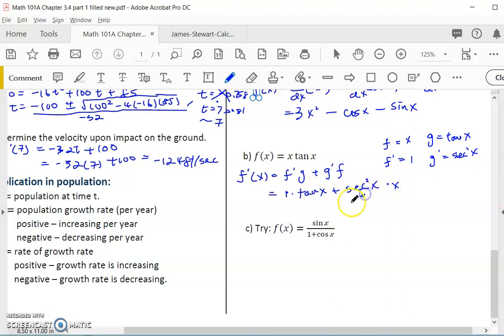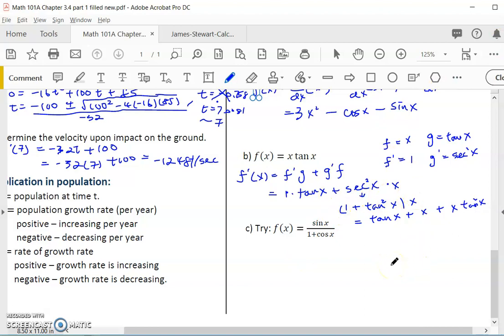So you can see in some cases they would just expand this out. Sometimes when you see the answer key it looks funny because you have a trig identity. So the alternative answer would be that.